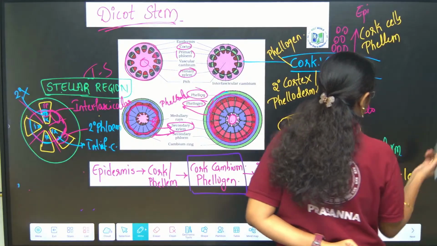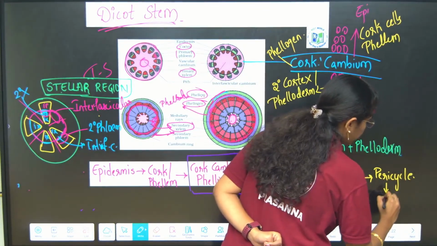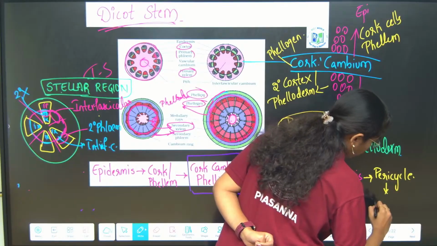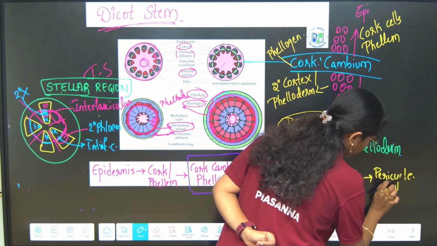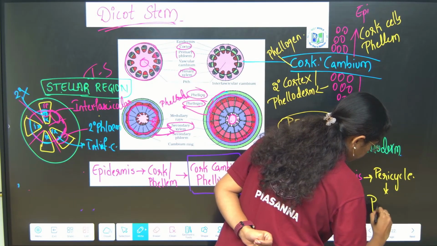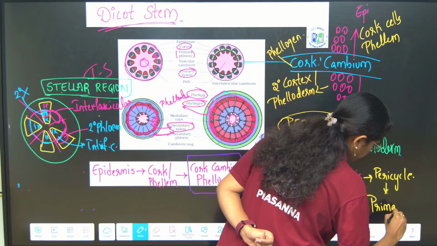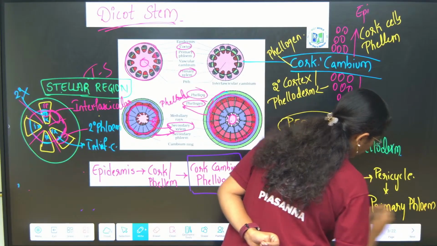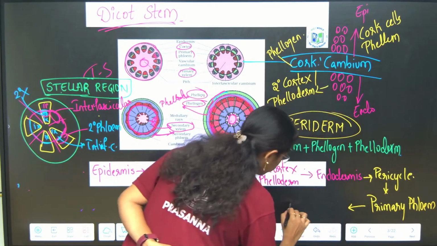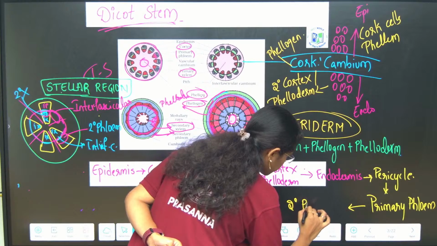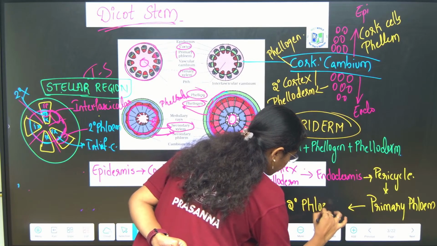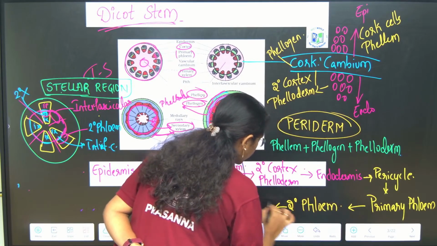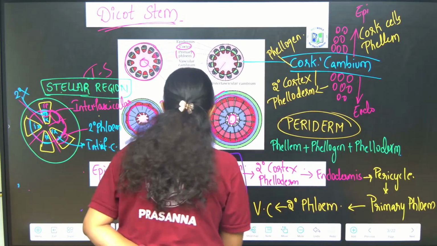So, here pericycle followed by primary phloem, followed by secondary phloem, followed by vascular cambium.